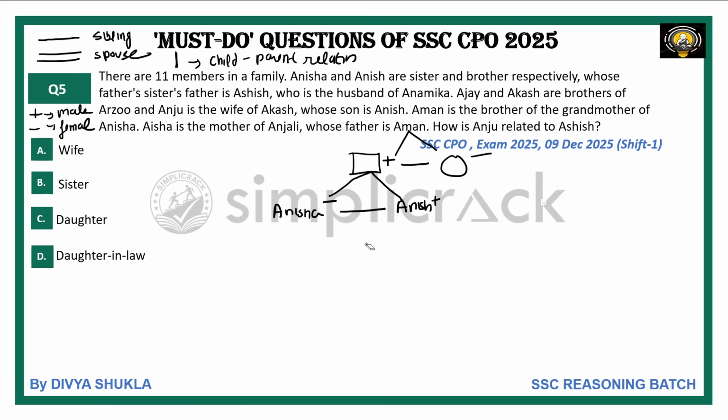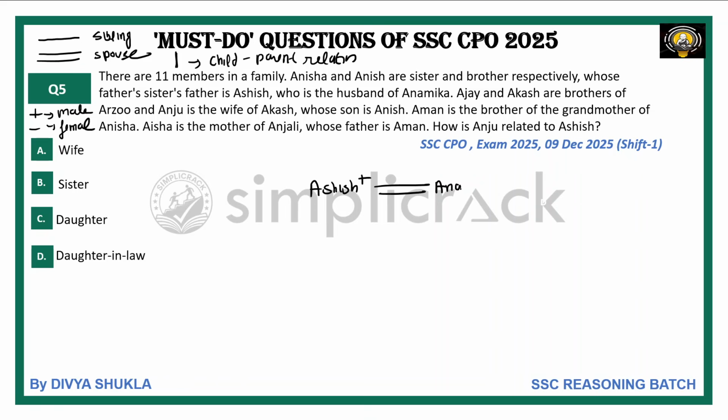Just a second, let me erase this so that we can draw it properly. So I'm saying that Ashish is the husband of Anamika. They have two children.